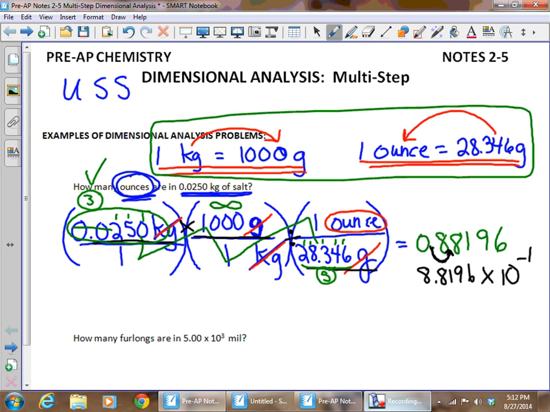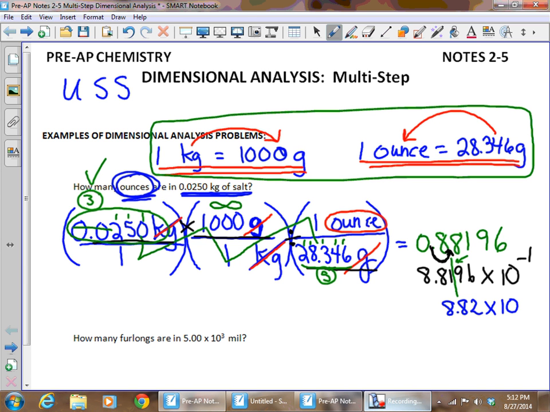So going to our answer, I'm going to draw my sig fig line after the 1. Because for my 3 sig figs, since the very next number is a 9, that means I need to round up. So 8.82, drop everything else, scientific notation, I don't have to worry about place value.